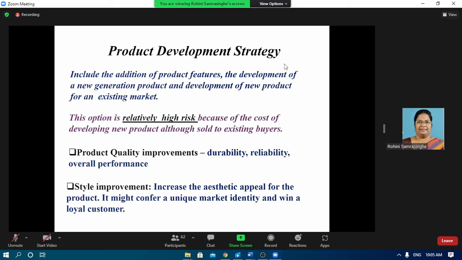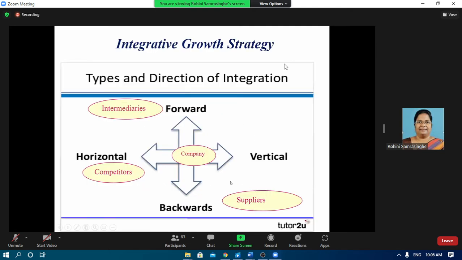Then they move to another strategy, that is the integrative strategy, right? How can you look at the integrated strategy? Especially they try to increase sales and profit through backward, forward, and horizontal integration within the industry, right? It is important. So these are the three strategies you can look at after the intensive strategies, right?